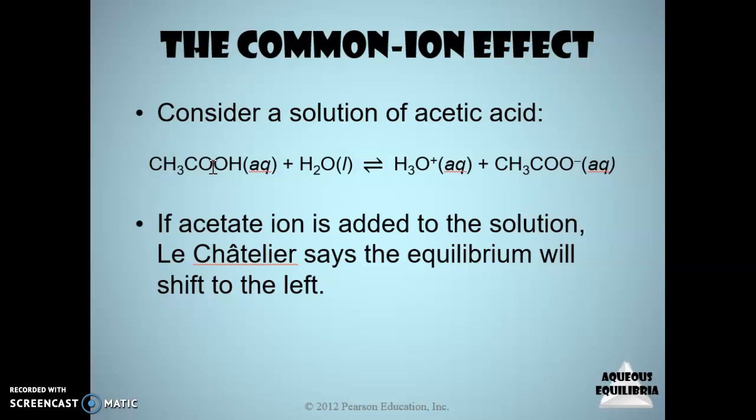That's a constant. That ratio doesn't change. So if I increase this, the system is going to use up that extra acetate that I put in there, and it's going to make more of this to keep that balance. So in a weird way, the acetic acid is going to be less ionized. There's going to be more of this intact stuff in there than there was before I added the acetate.